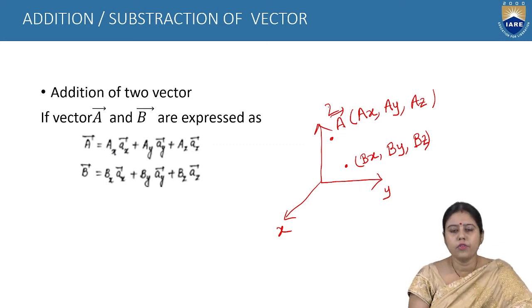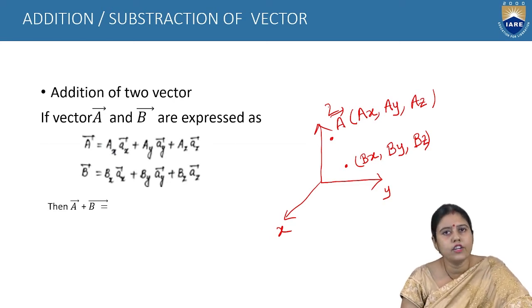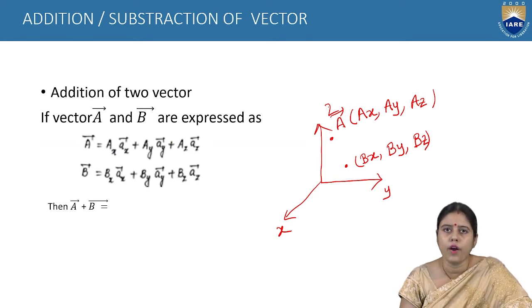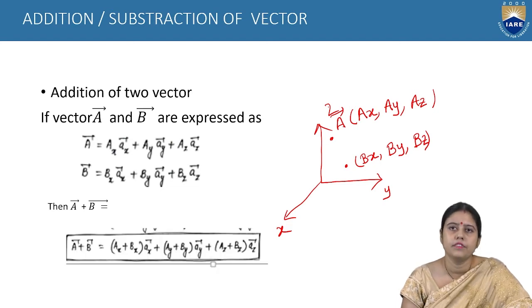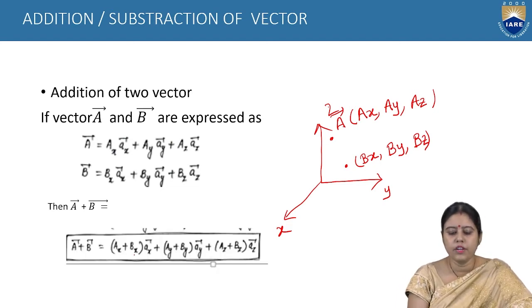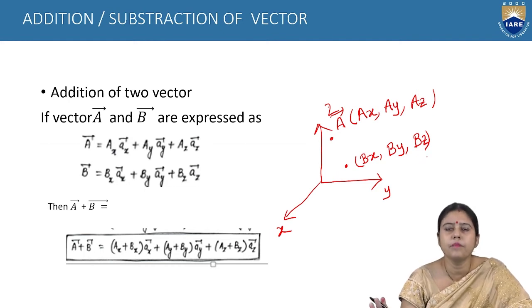So, if we want to calculate A plus B, what will happen? The X component will be added with the X component, the Y component we will add with the Y component, and the Z component we will add with the Z. So AX will be added with BX, AY with BY, and AZ with BZ. This is simple, and this is the main importance of the unit vector.